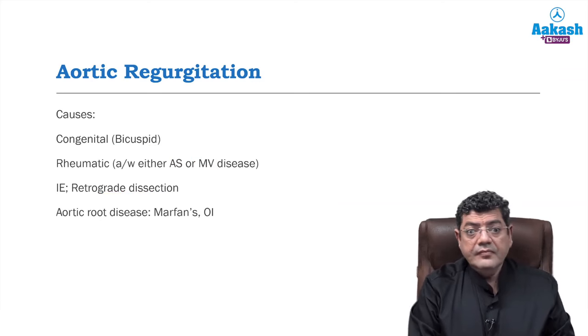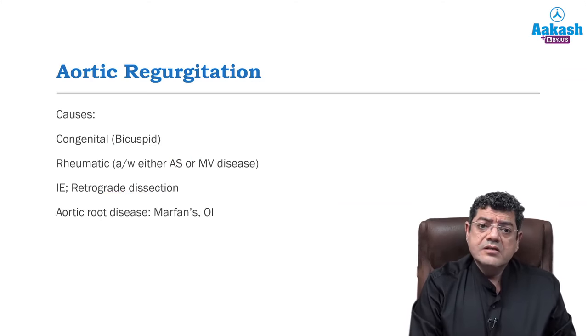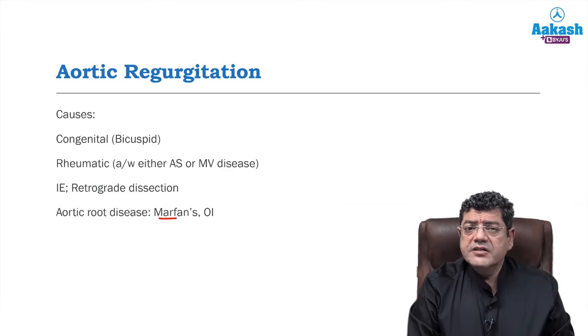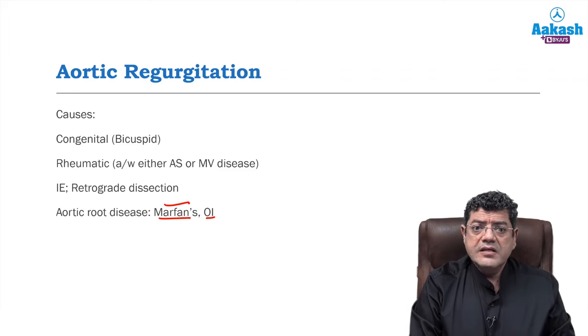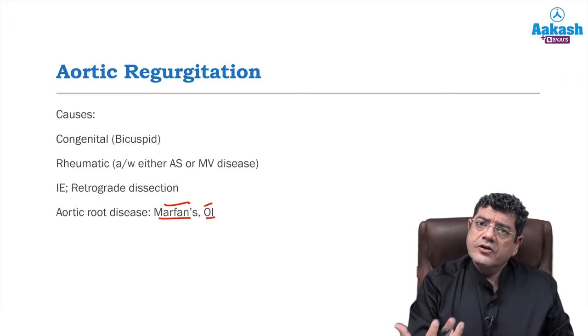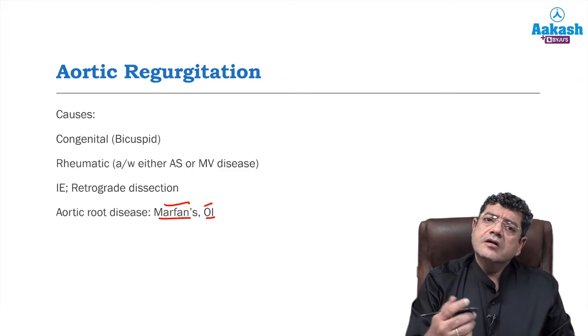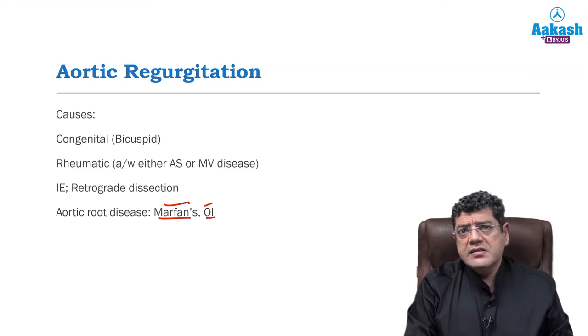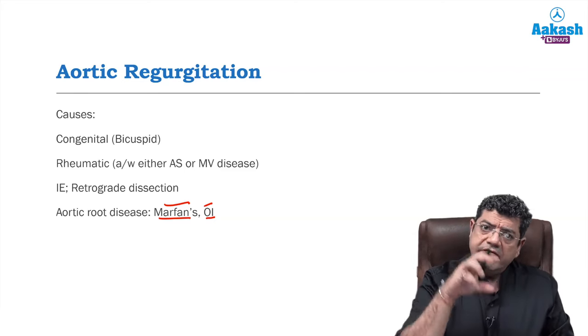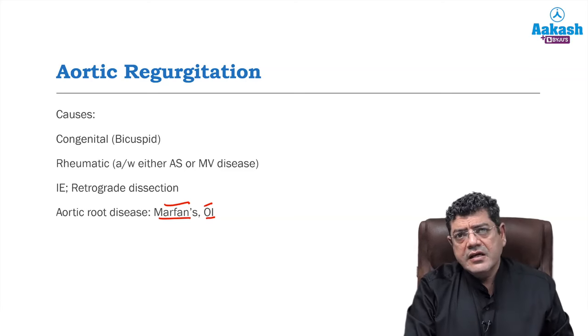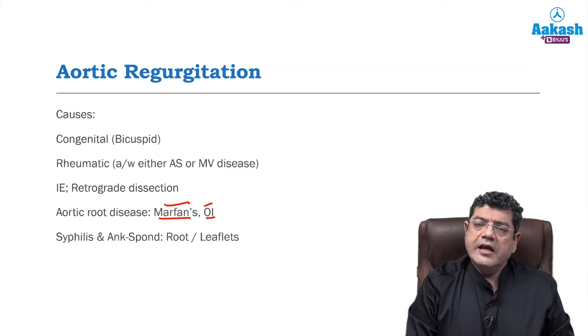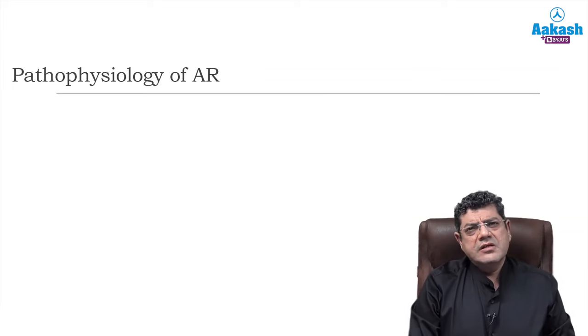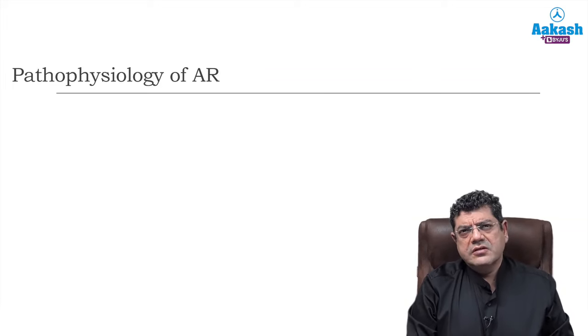Aortic root disease because of medial degeneration, as in Marfan syndrome and osteogenesis imperfecta, are also causes of aortic regurgitation. Besides this, syphilis and ankylosing spondylitis can cause disease of both the valve leaflets as well as the ascending aorta or the aortic annulus. Fine. What's the pathophysiology here?